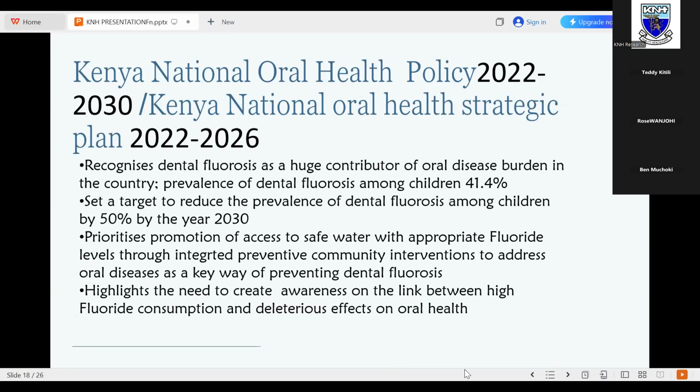In fact, they set a target to reduce the prevalence of dental fluorosis among children by 50% by the year 2030. So it really prioritizes what we are doing. We are talking about safe cooking and drinking water as a way of preventing dental fluorosis in order to reduce the oral disease burden in the country.